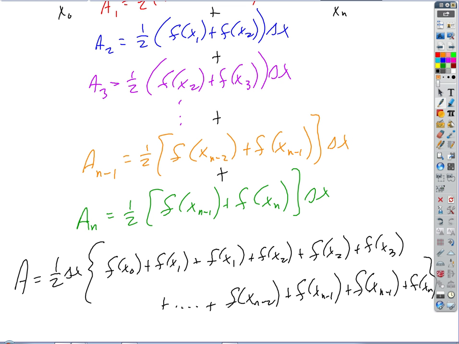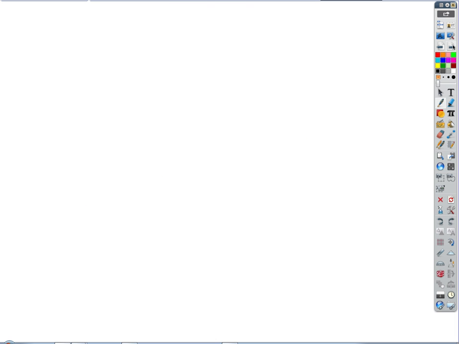So our trapezoidal rule really then just looks like this. The area by the trapezoidal rule just equals delta x. And what is delta x again? b minus a over n, right? So we're going to get b minus a over 2n, because we're multiplying by 1/2 delta x. Everybody agree that's it?